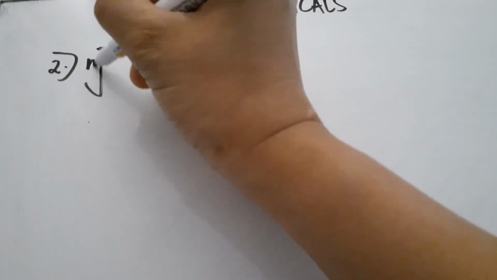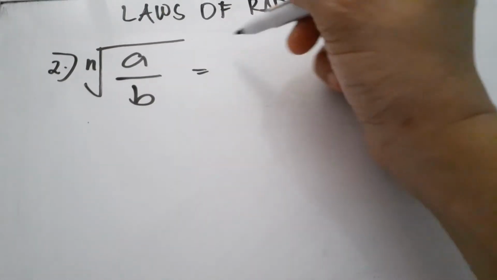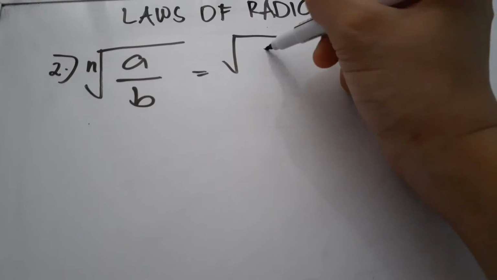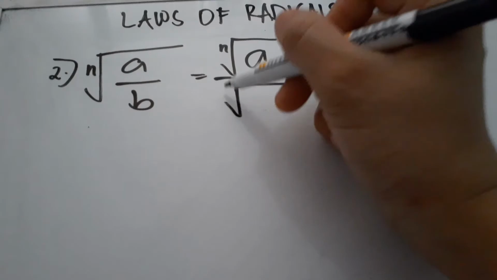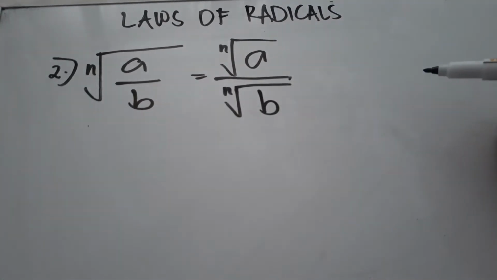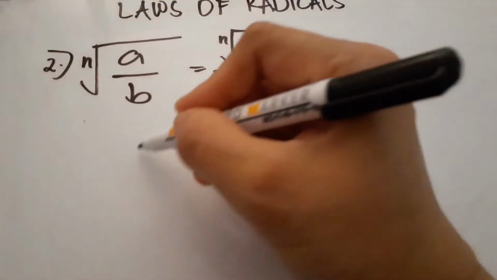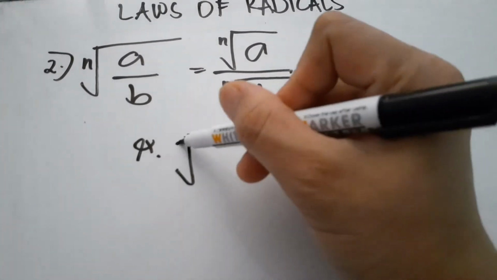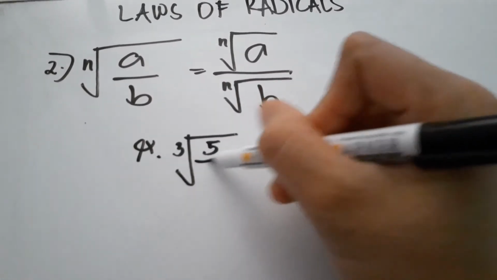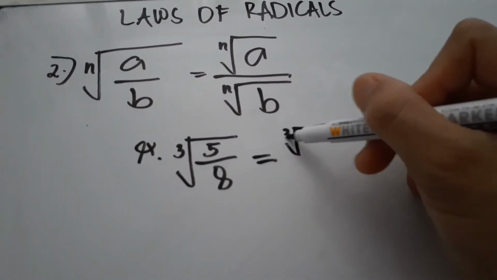And let's have the laws of radicals number 2, which is the nth root of a over b. We can separate the numerator and denominator: the nth root of a over the nth root of b. Like the product rule, this quotient rule is the division process. Example: the cube root of 5 over 8, then separate into groups.